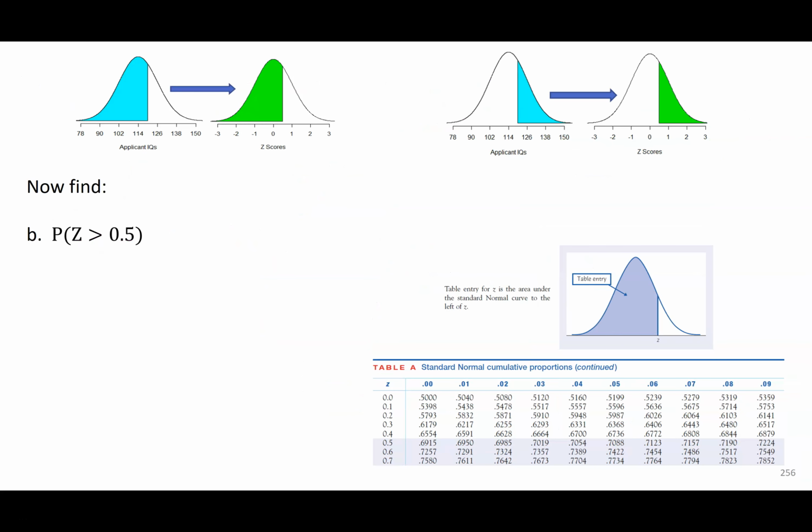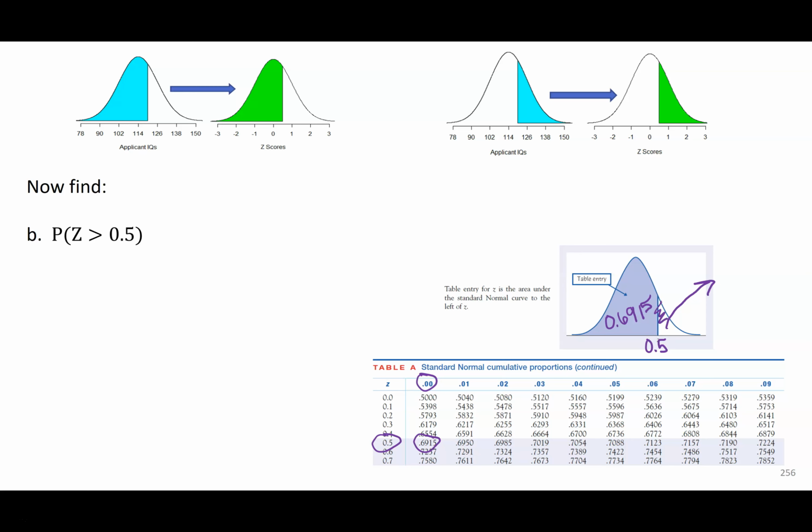So now, suppose I want to find greater than 0.5. So if this is 0.5, and we already determined, looking here, that this was 0.6915, this white wedge is what we want.